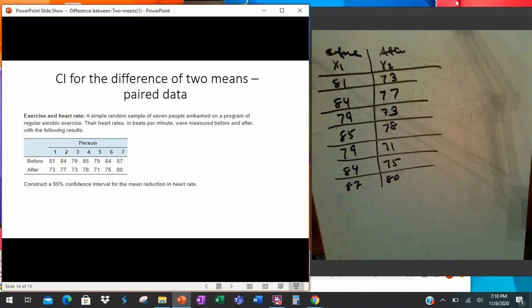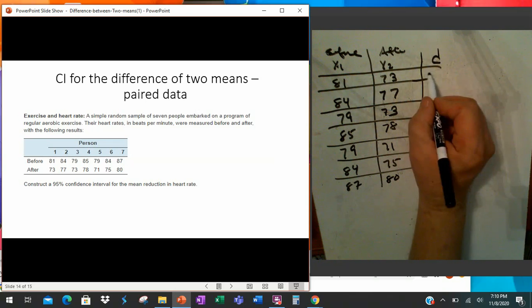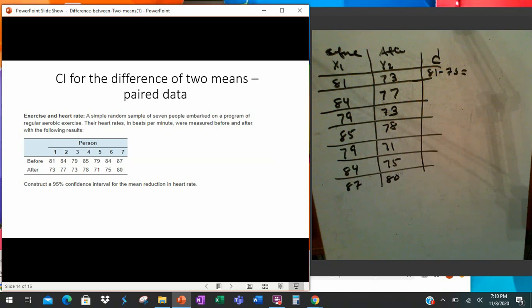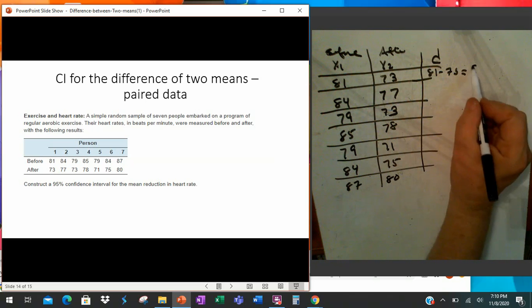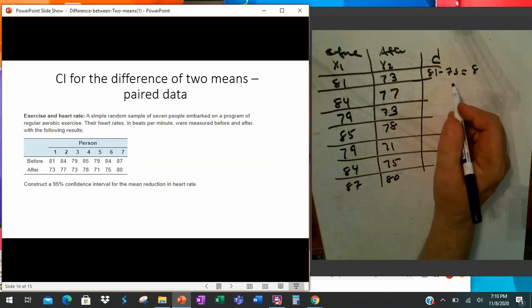Okay, so I want to calculate the differences. Here would be 81 minus 73. I'm going to use the calculator to make sure I don't do anything off the fly. So this would be 8 for this person. 84 minus 77 would be 7.